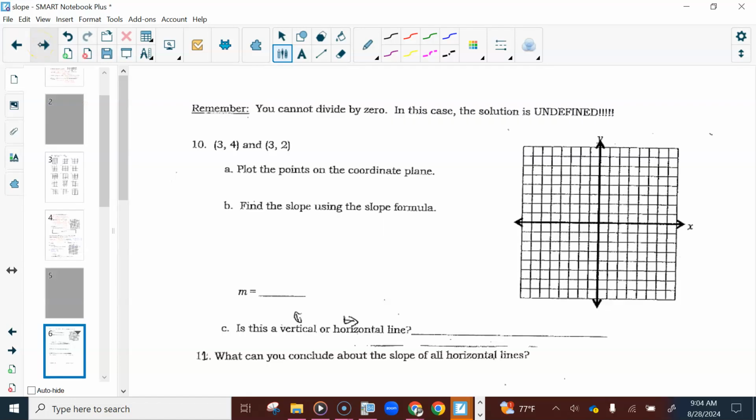Okay. This one kind of gives us the answer already because it's saying something about dividing by 0. But go ahead and plot the points. And then I'll set up the slope formula really quickly.